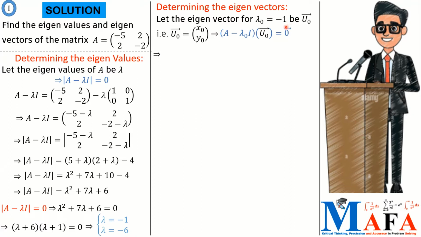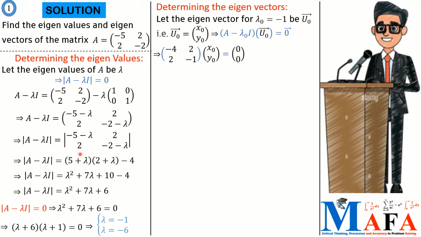Alright, so here let's determine this value, that is A minus lambda 0 I. We just replace lambda here with its value -1, since that is lambda 0. So you have -5 minus -1, which is -4.